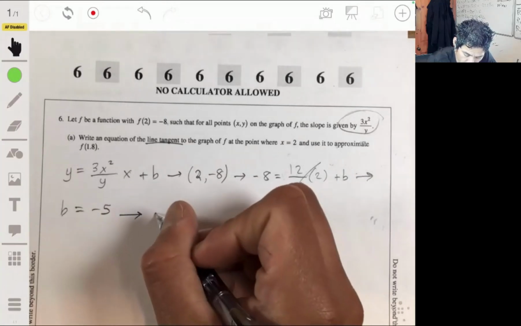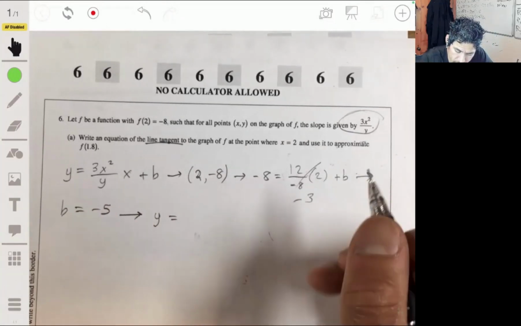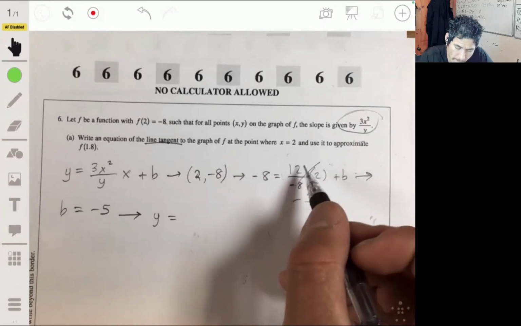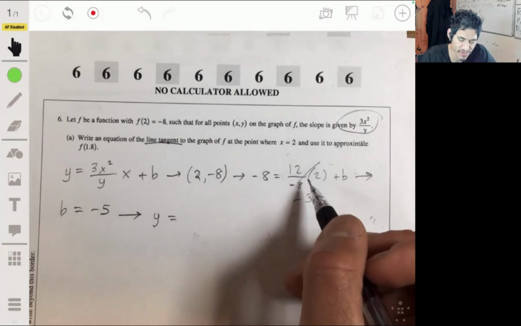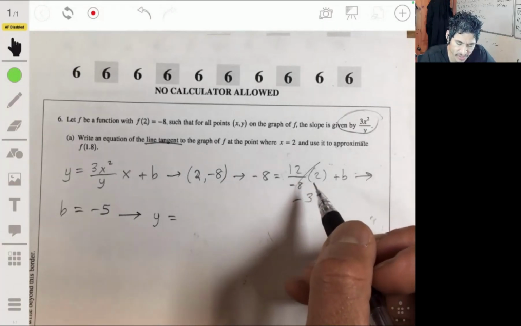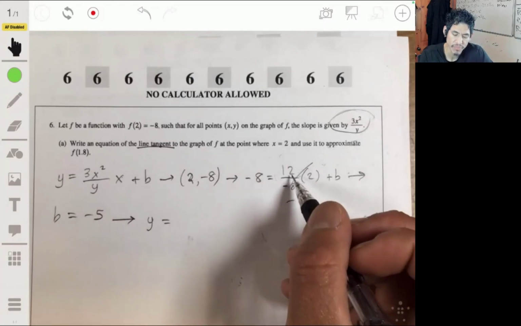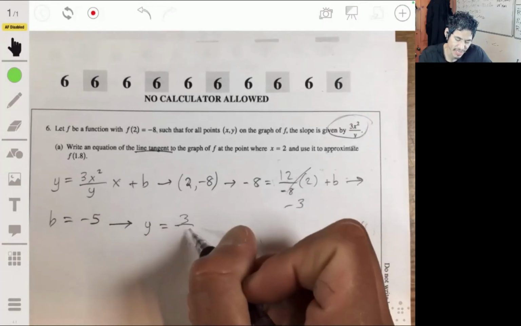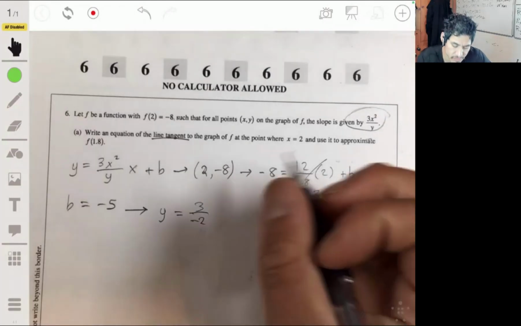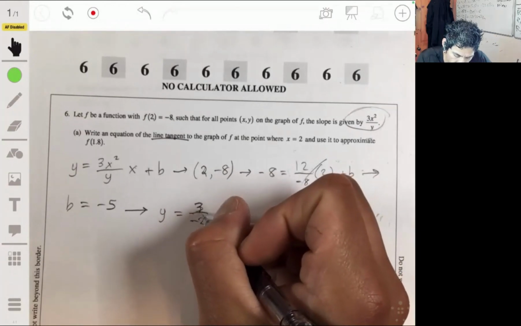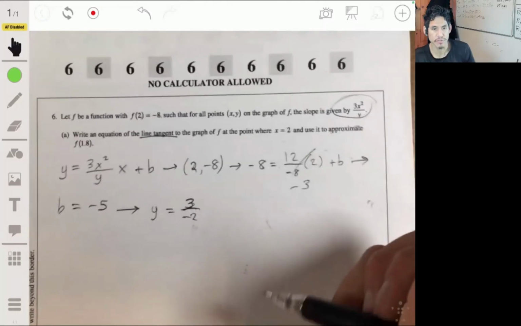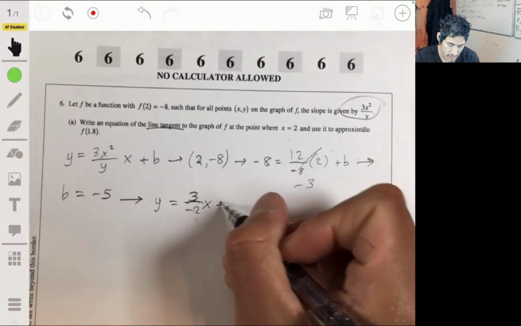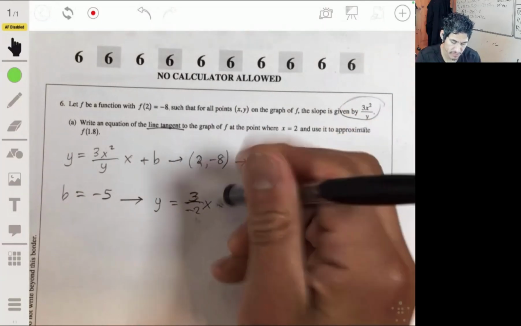And so then y will be equal to, what's 12 over -8, that's going to be -3 over 2. I don't know why that took me so long, but hey, I guess I can have off days too. Anyways, y equals -3/2 x plus -5, or just minus 5.